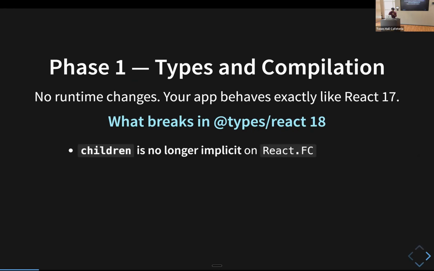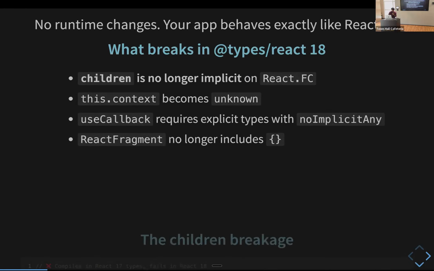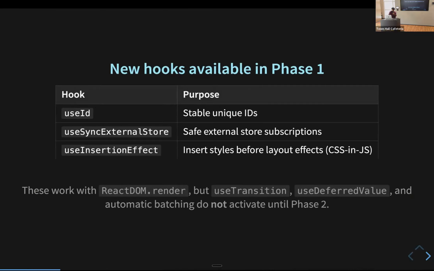With React 18, a lot of types around how children are handled in functional components change, and a couple of types around useCallback and context also change. So you would encounter a lot of breakages around props.children in your code base. Most of these get fixed with a codemod which the React team provides. It's fairly decent, so it should cover this part.